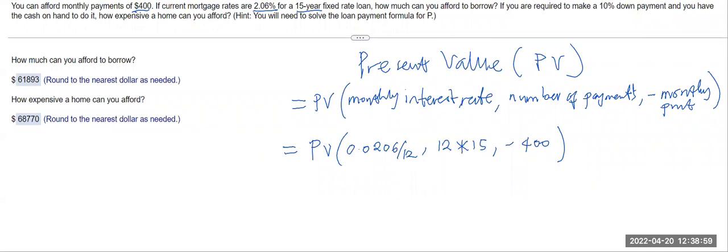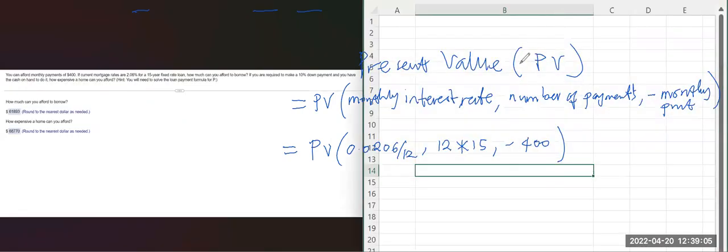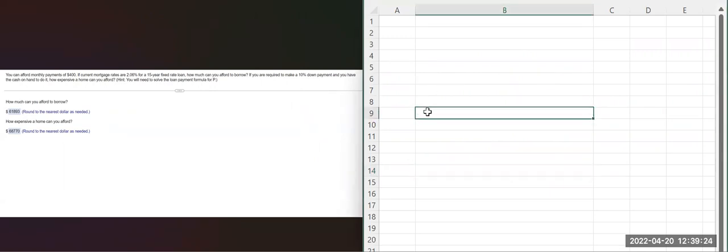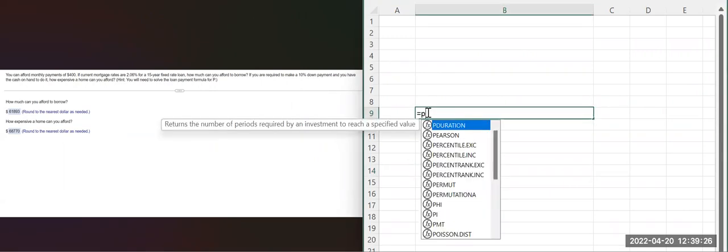Okay, so I'm going to do that, and I will share. So let me clear the screen so that I can have room. Okay. So this is an Excel sheet, right? So basically, I'm going to put this here. So we're going to do equal sign PV.